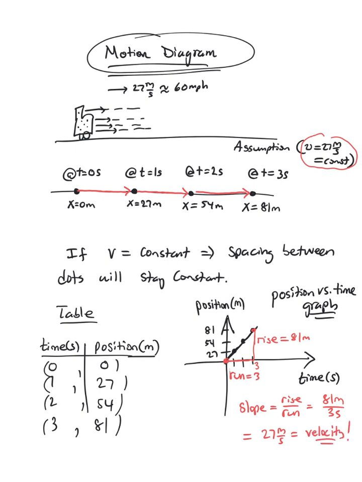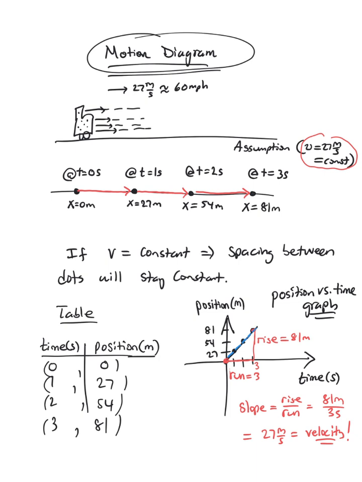So what we just learned is a very important feature of position versus time graphs. That the slope of a position versus time graph represents velocity. And this is such an important feature that this is something you should really highlight in your notes, because we're going to be using this concept throughout the next few weeks. Now, the slope of a line is constant. You can see slope really represents the steepness of the graph, right? But the steepness of this line is the same at every point.